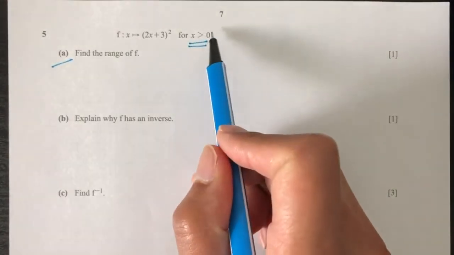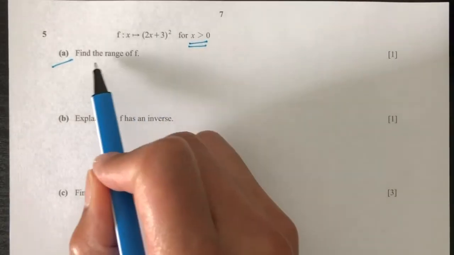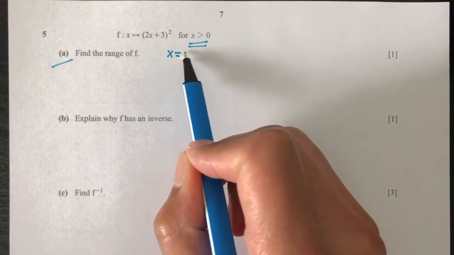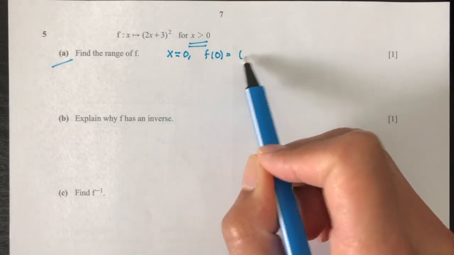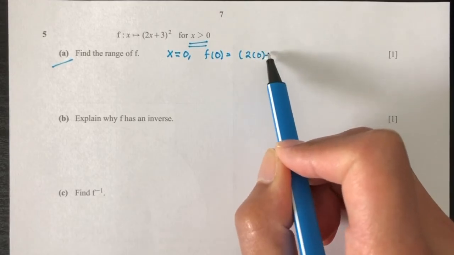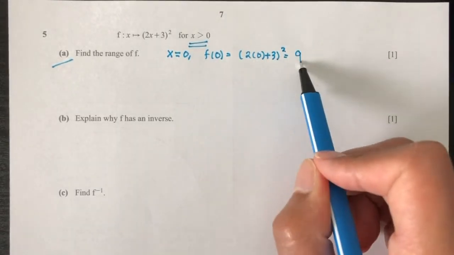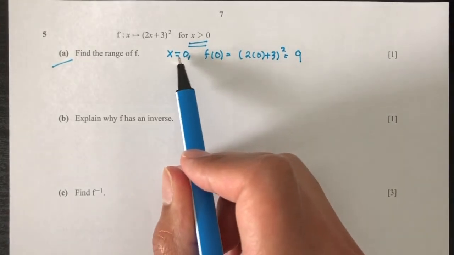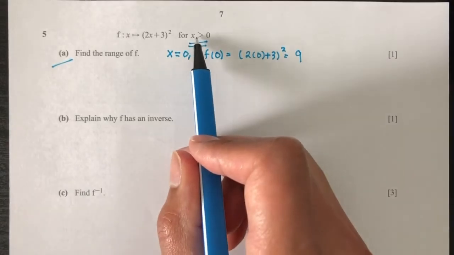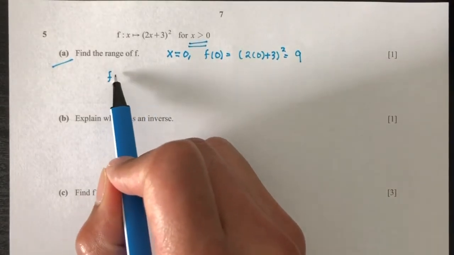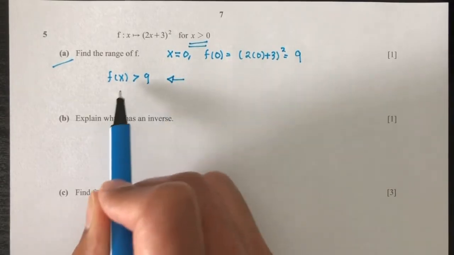For values more than 0, we can first say let x equal to 0. f of 0 will be equal to 2 times 0 plus 3 square. That will be 9. So for x more than or equal to 0, the value of f of x equal to 9. But x is more than 0, so f of x will be more than 9. This will be the range of your function.